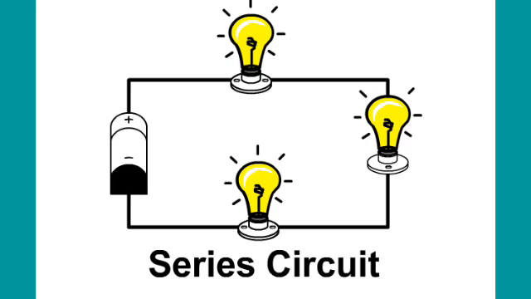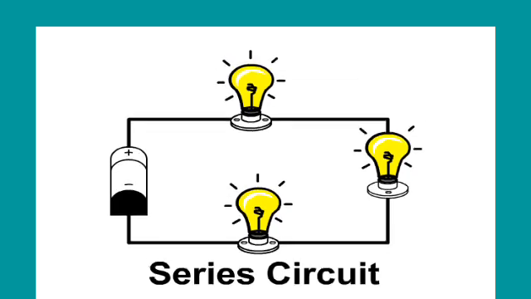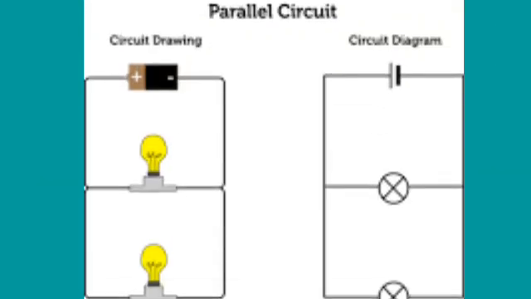In a series circuit, all the components are connected end to end. So, the current through the circuit remains the same, but the voltage gets divided across the bulbs in the circuit.